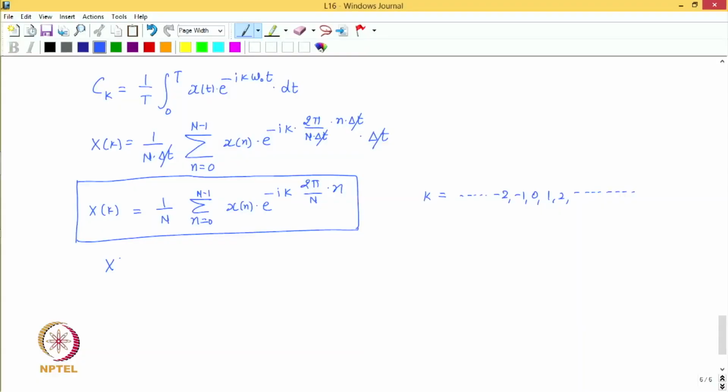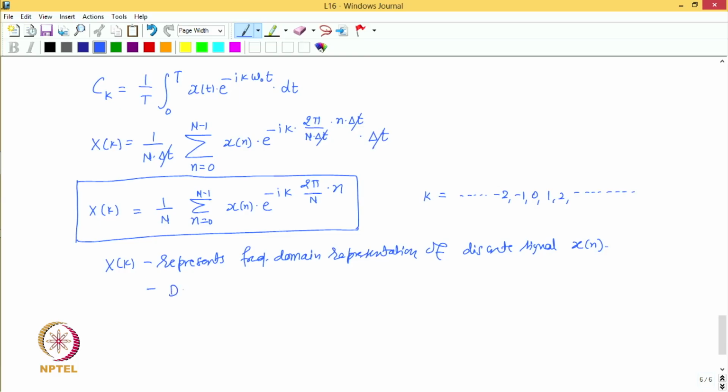Therefore, x k represents a frequency domain representation of discrete signal x of n, right, and this is called discrete Fourier series. Okay.